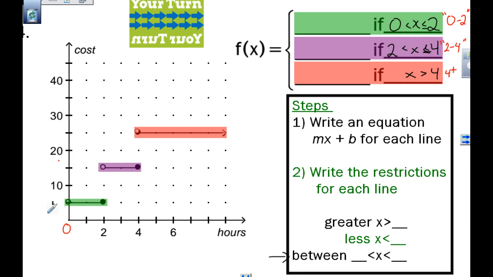And this one was what? Y equals 5, y equals 15, y equals 25, right?